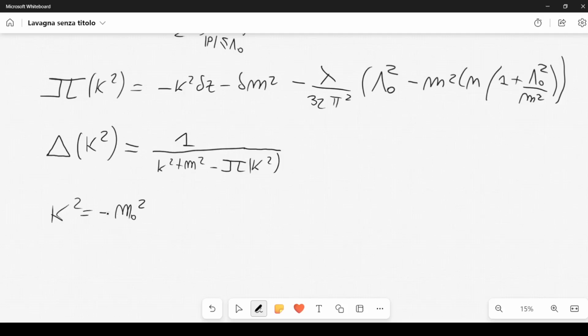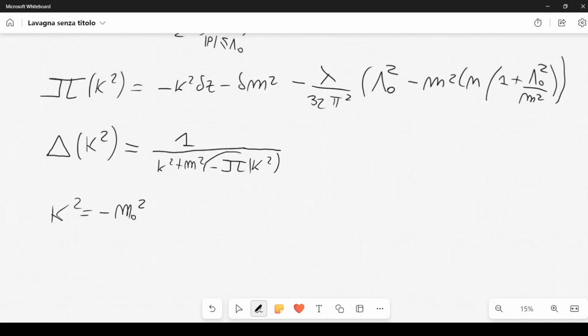We know in general that the propagator, when we set k squared equal to minus m squared, for example, if we didn't have any interaction in our theory, this m0 would be exactly m, and therefore the propagator has an infinity, a divergence at k squared equal to minus m squared.